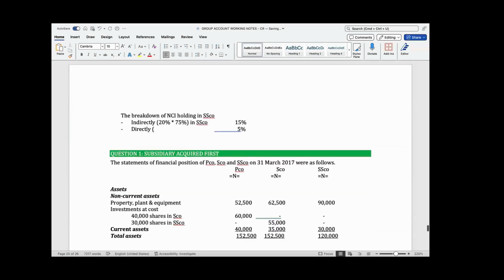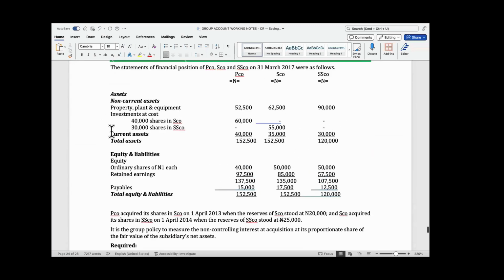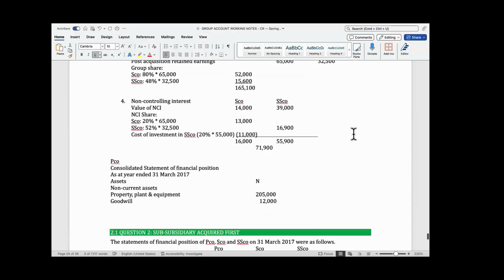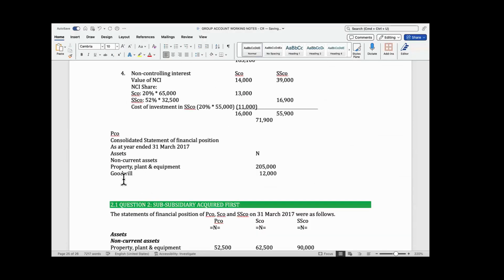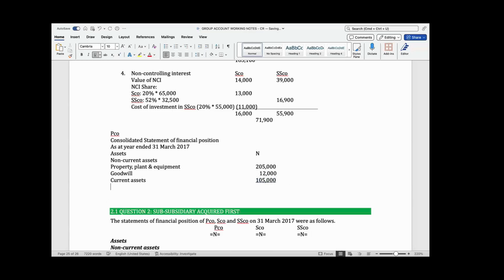Then we have current assets. 105,000. Okay, current assets is 105,000. So what's my total assets?